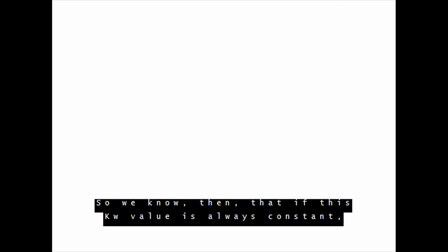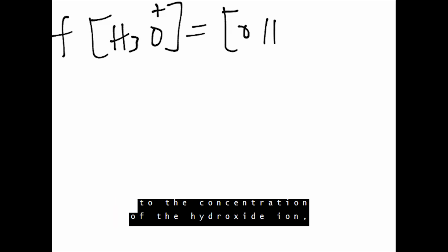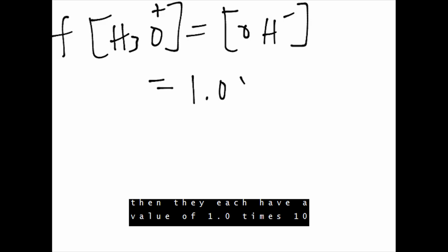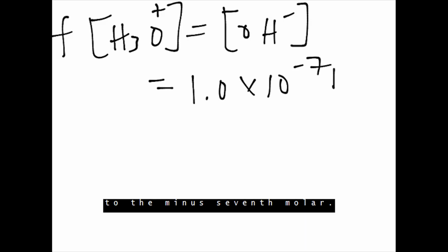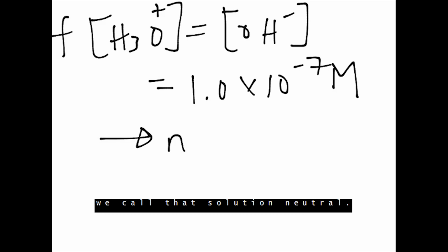that if this Kw value is always constant, that if the concentration of the hydronium ion is equal to the concentration of the hydroxide ion, then they each have a value of 1.0 times 10 to the minus 7th molar. And we know at these concentrations, we call that solution neutral.